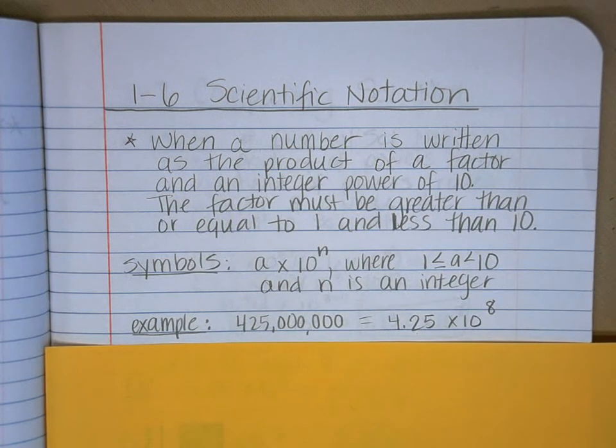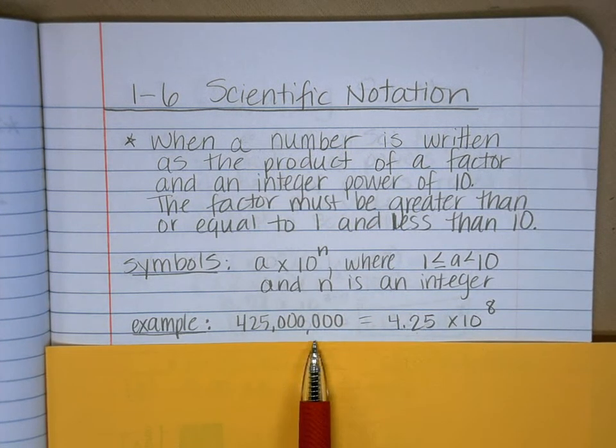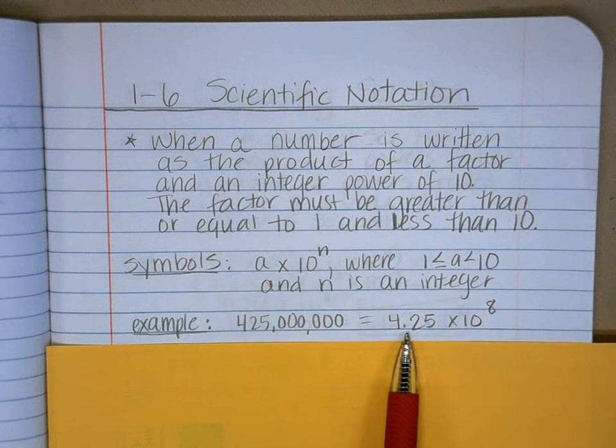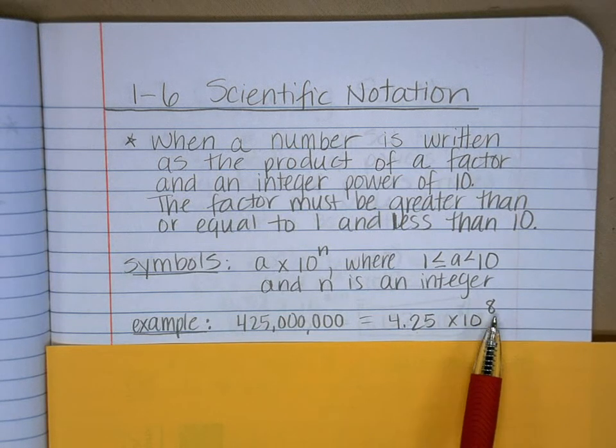Okay, so we have this example of 425 million. And when we write this in scientific notation, it's going to look like this. 4.25 times 10 to the 8th.